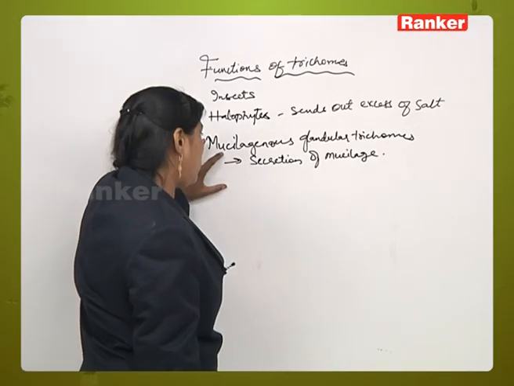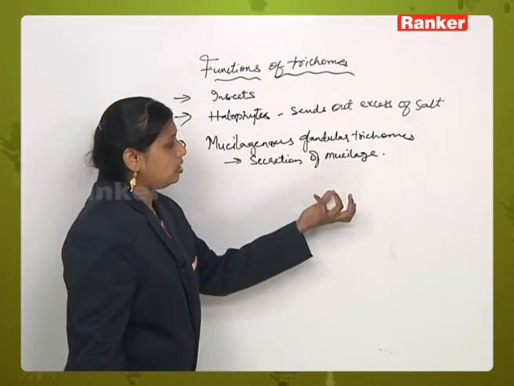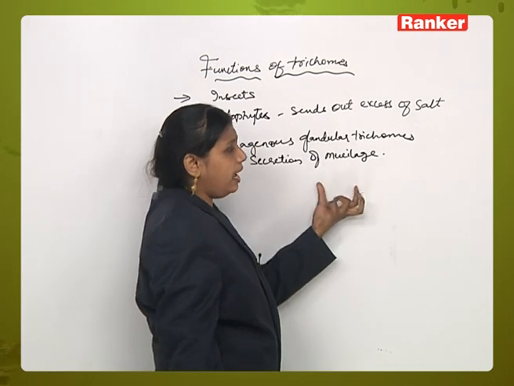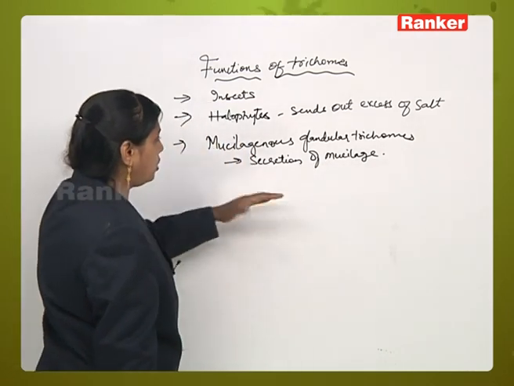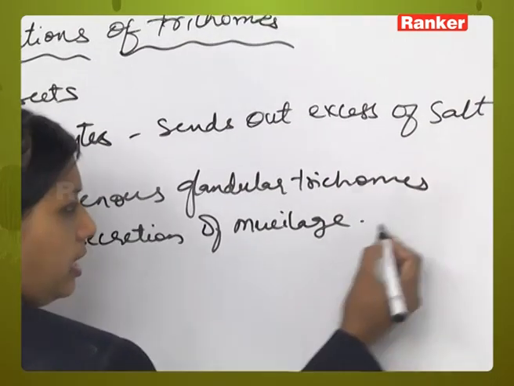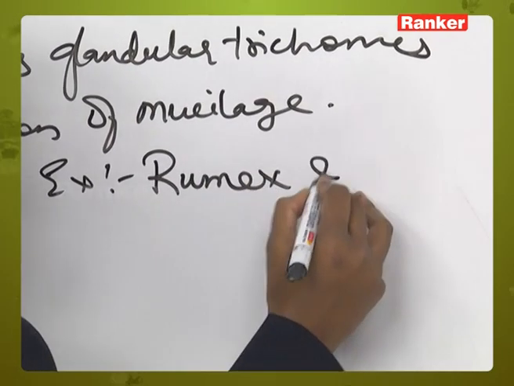This mucilage consists of polysaccharides, and it oozes out through the breakage of the cuticle, through the pores present in the cuticle. An example for this type of glandular trichome is Rumex and Rheum.